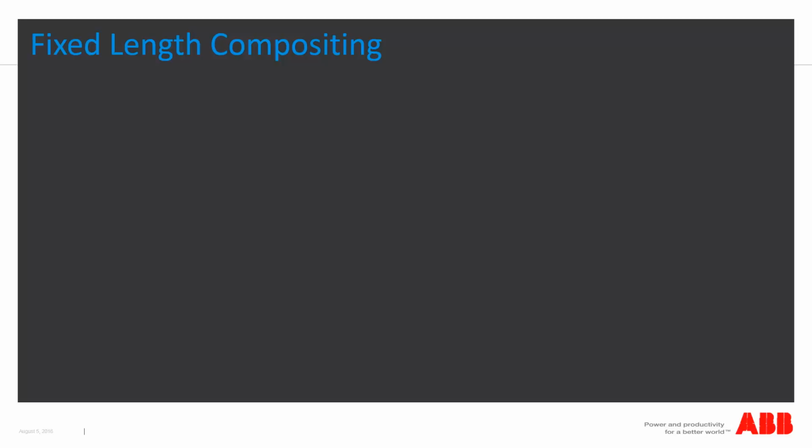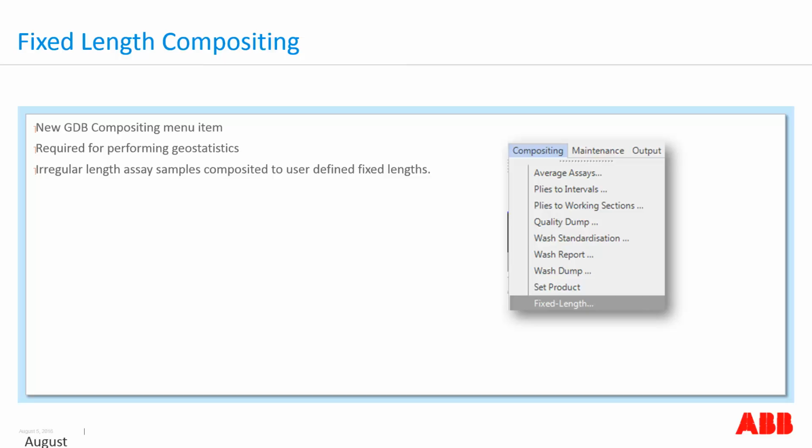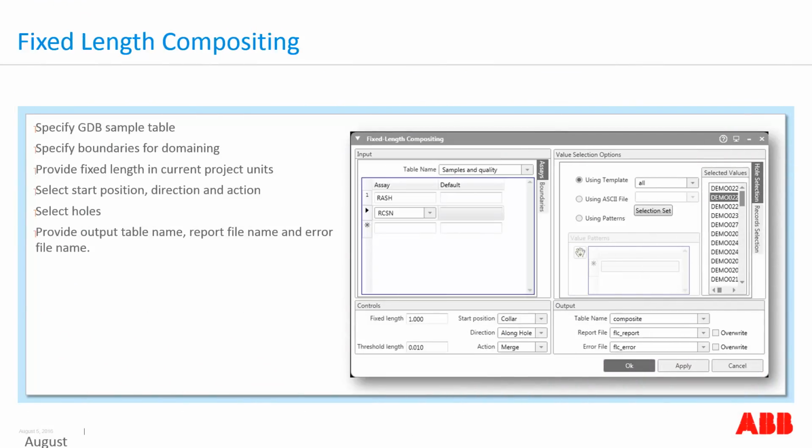So let's take a look at fixed length compositing. This is a new GDB compositing menu item called fixed length. It is required for performing geostatistic work, and essentially irregular length assay samples are composited into defined fixed lengths as a result of this process.